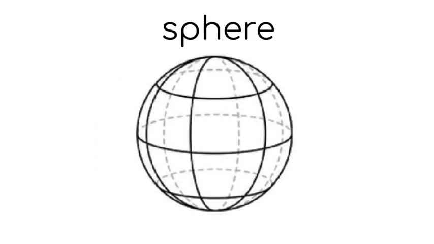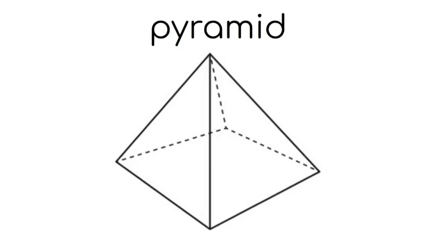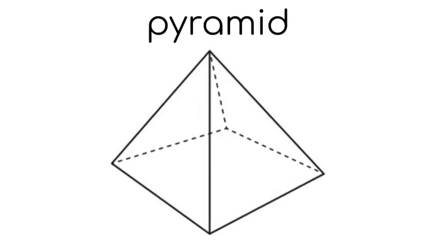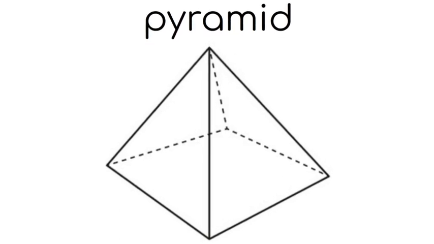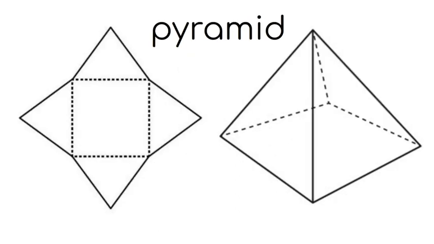Sphere. It's not a circle because it is 3-dimensional, but it is round and it looks kind of like a ball. Pyramid. A pyramid looks like this. All pyramids have triangles on the sides, and they meet at the top in one single point.